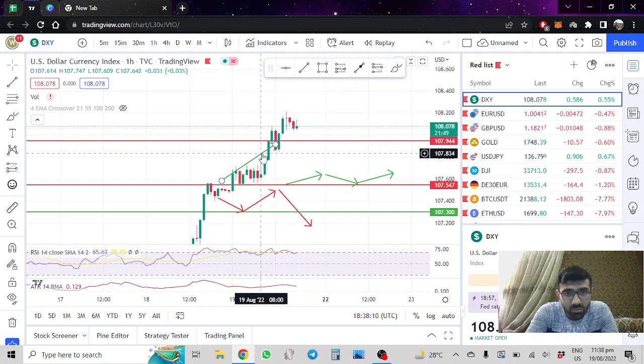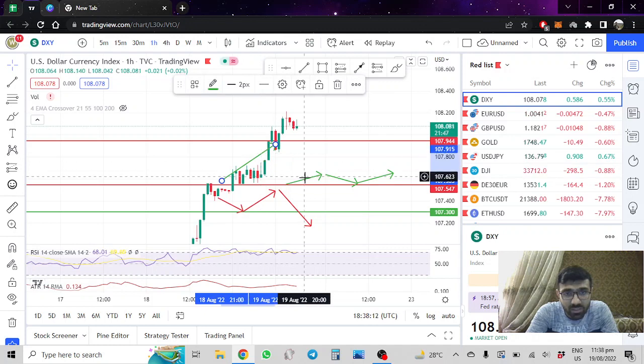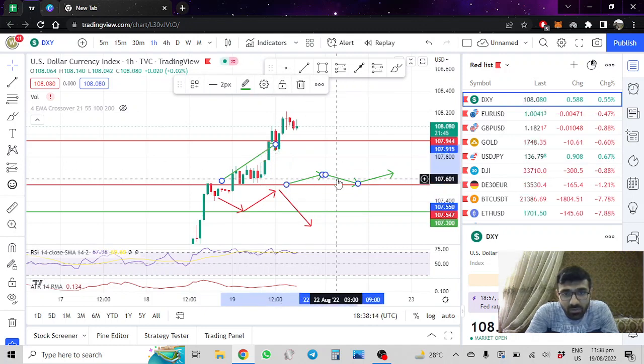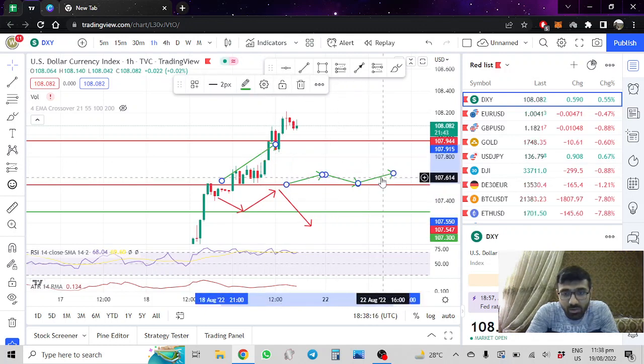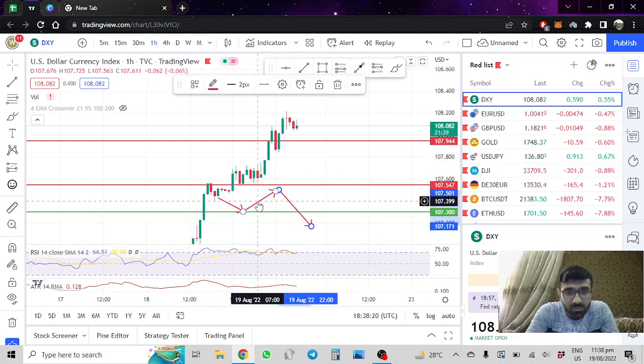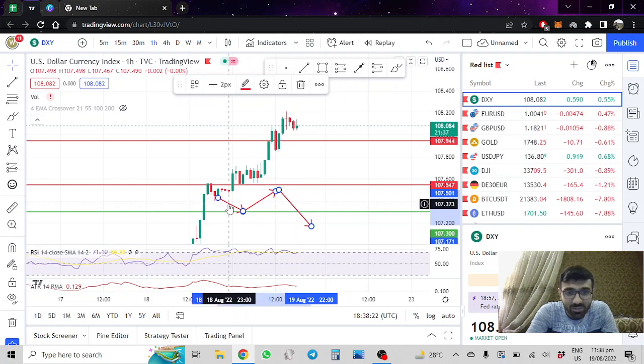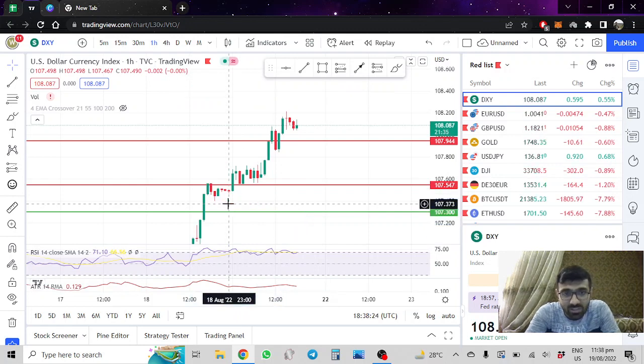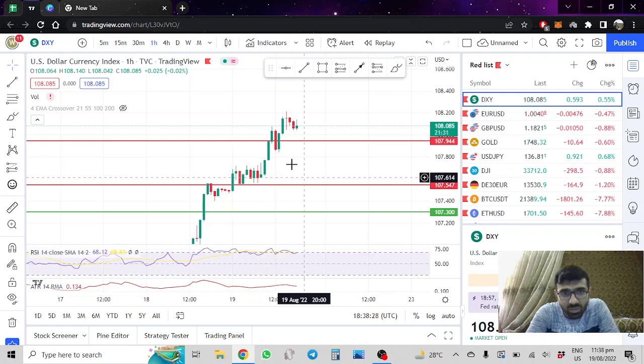I am going to remove the previous analysis, the previous moves that I had predicted, and now I'm going to try to predict what the market is going to be doing on the next day, which is Monday, as the markets are about to close in a few hours.